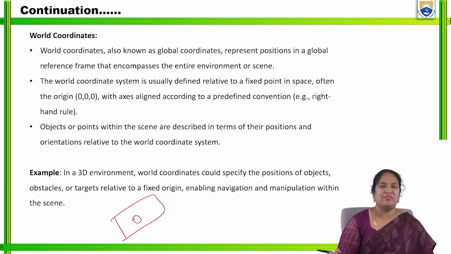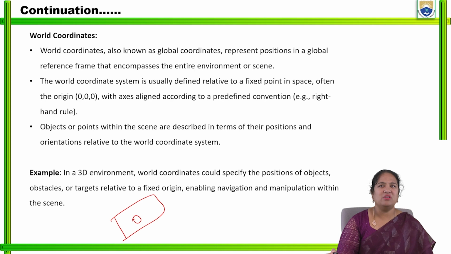That will be determined with the help of the world coordinate system, or any particular type of obstacles occurring in the surroundings, or any particular targets relative to the fixed origin, or any particular type of navigation or manipulation within these scenes. All those applications come under the term world coordinate systems.